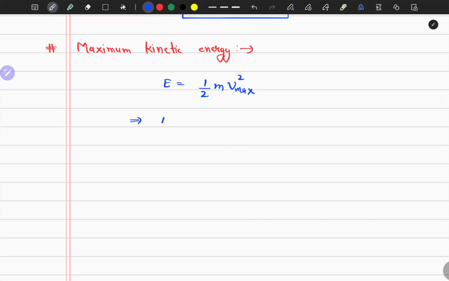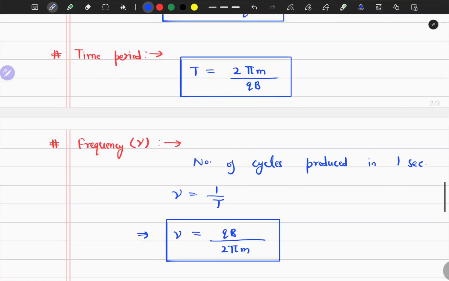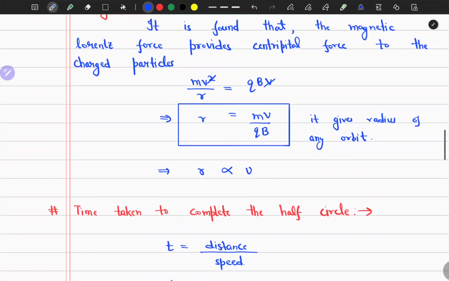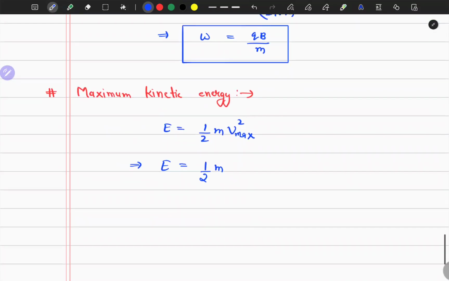So let's put the velocity v here, half m. What is v? v is calculated from this formula. What is v? qBr over m.